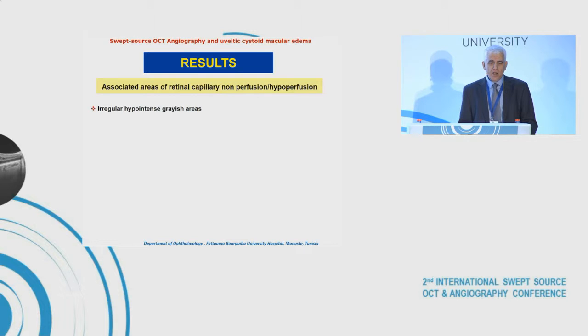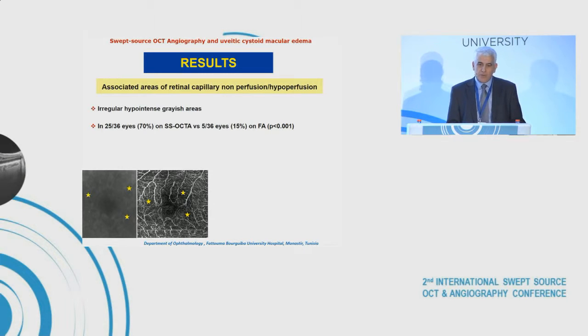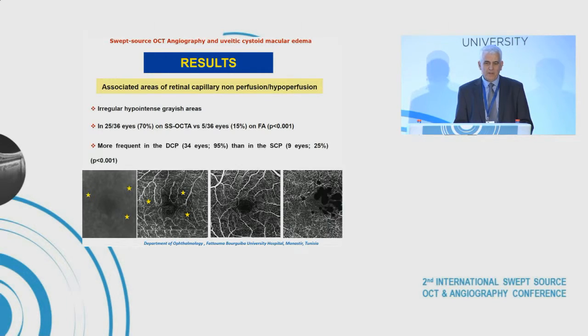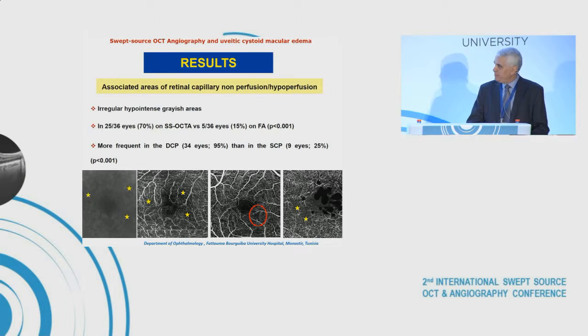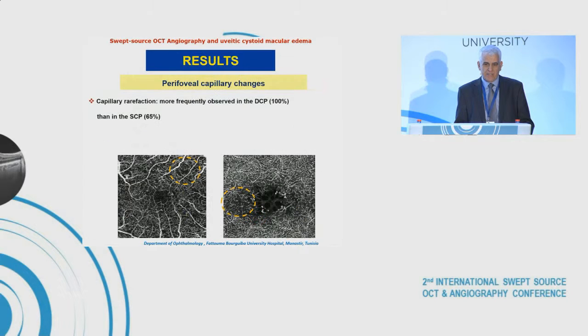Associated areas of retinal capillary non-perfusion or hypoperfusion, presenting in the form of a regular hypointense grayish area, were much more common on swept source OCT angiography than on fluorescein angiography. And these capillary non-perfusion areas were more frequent in the deep capillary plexus than in the superficial capillary plexus.